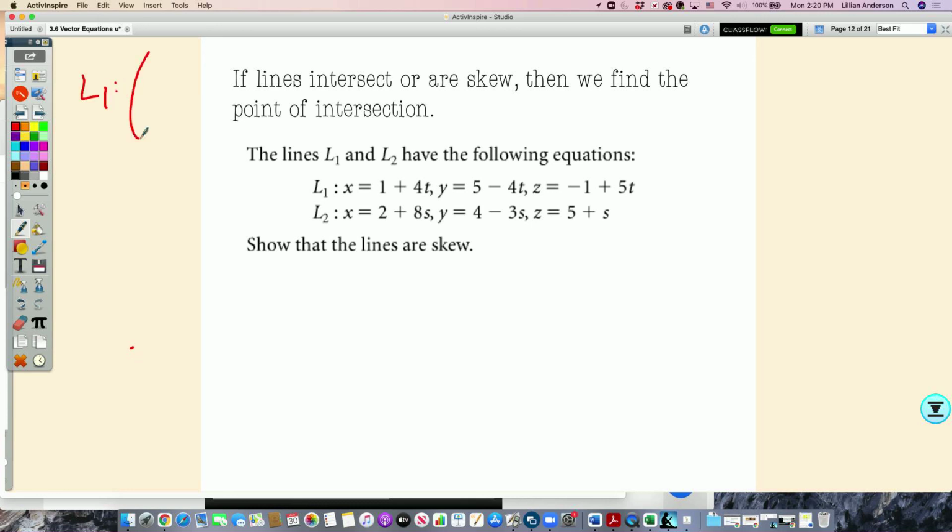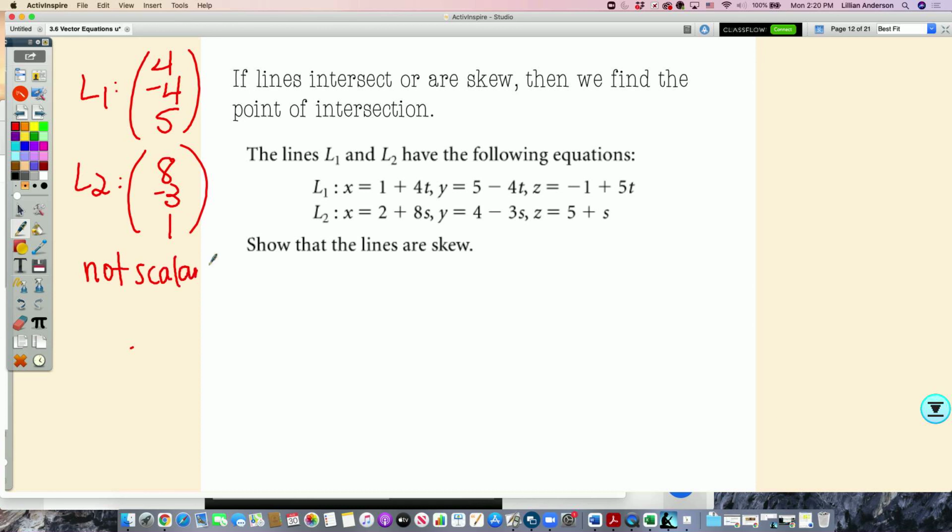L1, what's the direction vector? 4, -4, 5. And what about L2? 8, -3, 1. And so we can see here they're not scalar multiples of each other. And we can also see that they do not coincide, okay?